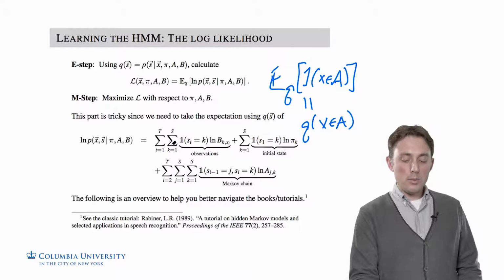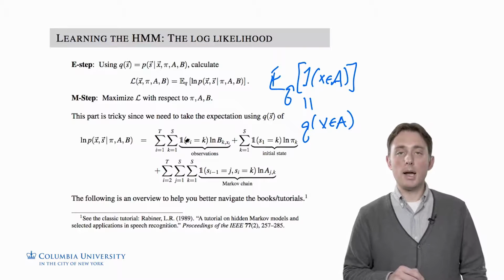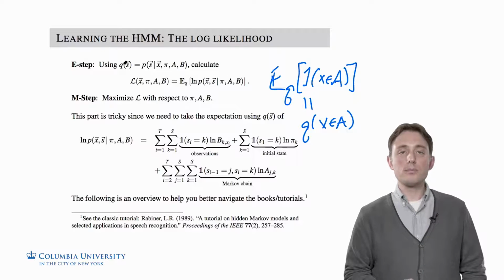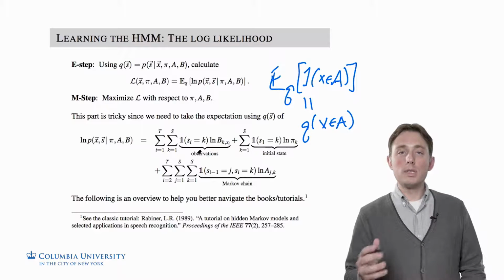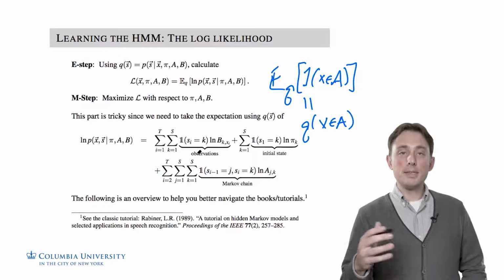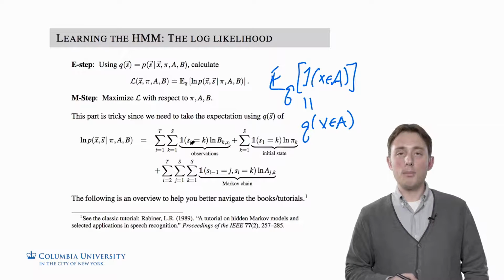And so notice that when I take the expectation of the event of being in state k at time i, I'm actually summing over all states at different time points except for at time point i.